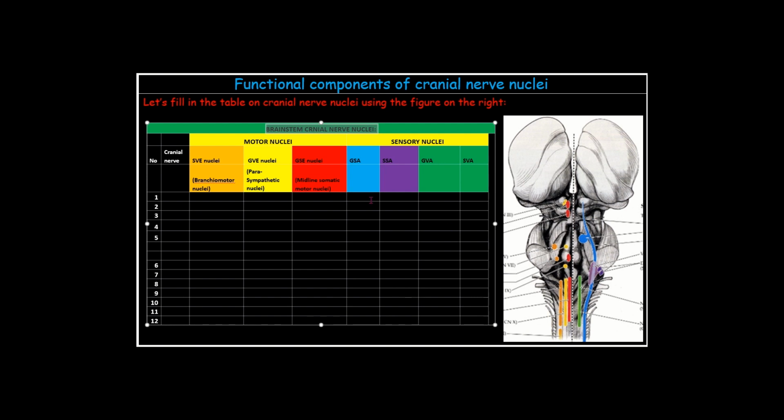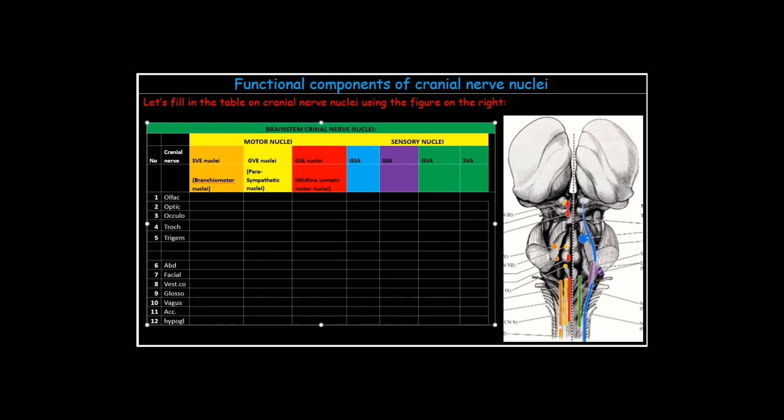And we're going to plot the sensory nuclei on this side in these 4 columns in such a way that the general and special visceral afferent nuclei would be plotted in these 2 columns, color coded in green, whereas the general somatic afferent column, color coded in blue, would be plotted over here, and the purple special somatic afferent column would be plotted over here.